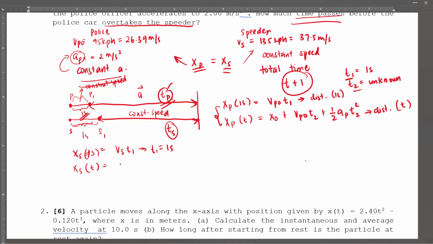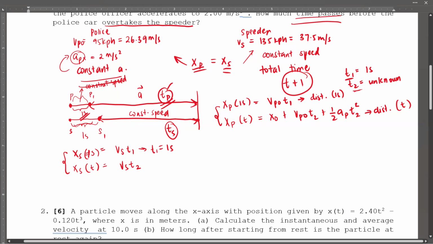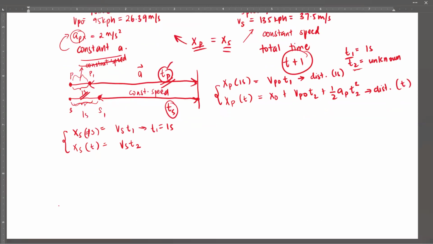Again, walang acceleration, so this is simply Vs and t2, wherein t2 is the unknown time. So, ang total distance traveled ni speeder ay itong dalawa. Ngayon, pag ipagsasum ko na sila, or ipag-equate ko na sila, alam natin that xp is equal to xs.